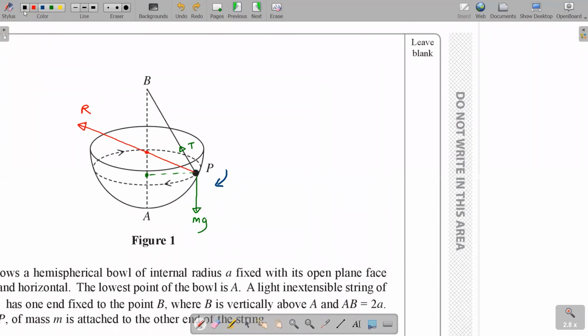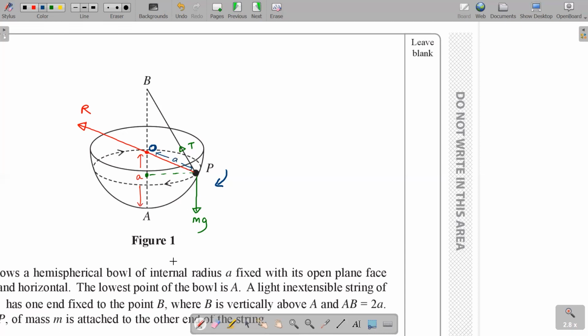Let me name this point O. From this point O to any place on this circular surface, the radius is A, which means from O to A the distance is A. Are you with me? O to A distance is A. Who else? O to P is also A.